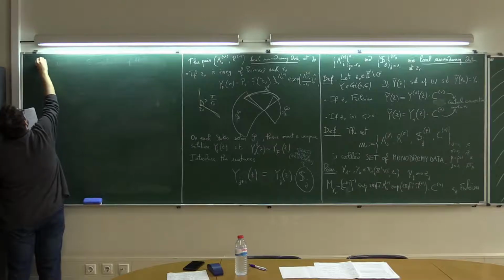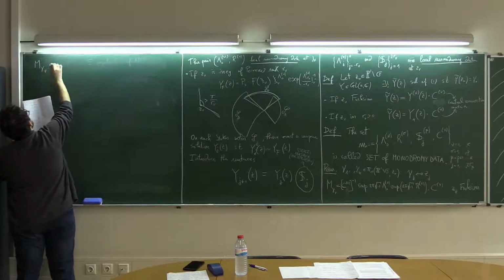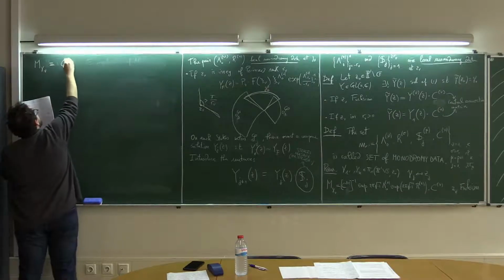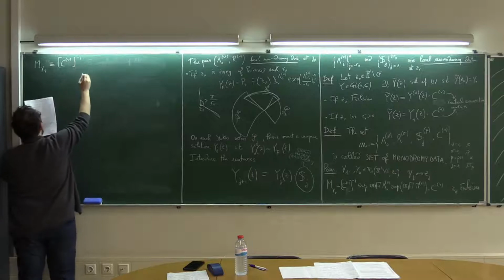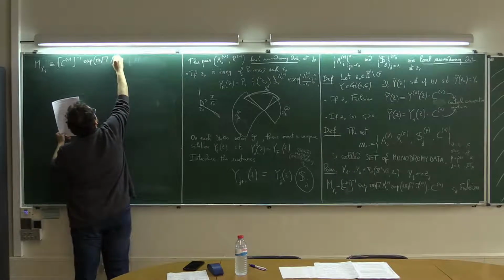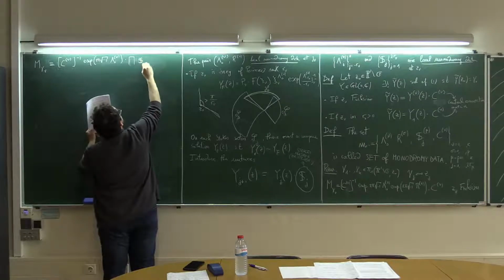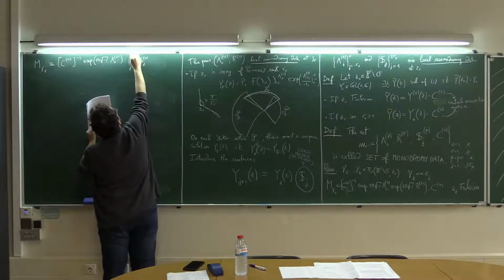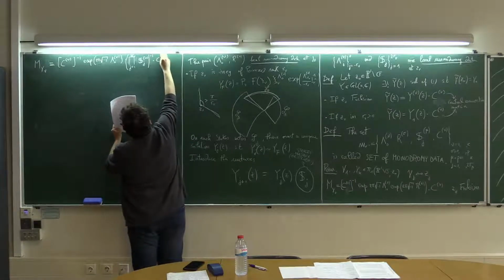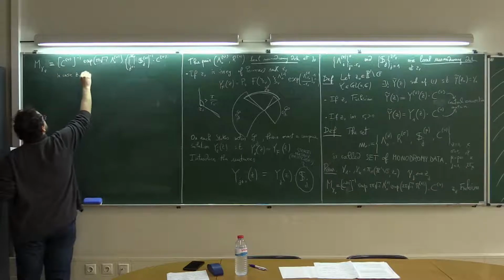In the case of an irregular singularity, we need to use Stokes matrices, and one can show that the monodromy matrix around the loop gamma nu in this case equals the inverse of C nu times the exponential of 2 pi i lambda 0 nu times the product of the inverses of all the Stokes matrices attached to nu, times the connection matrix C nu. So this is in case Z nu is irregular.